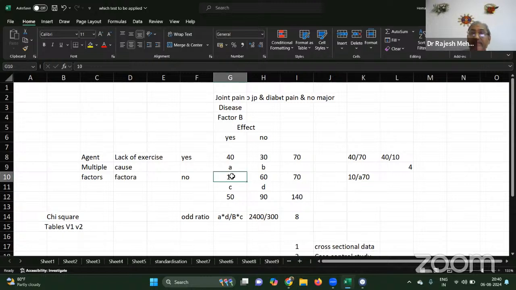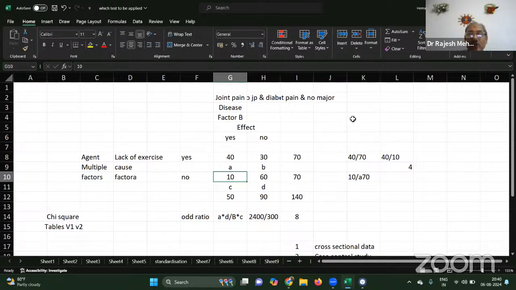So these 10 are suffering from joint pain even though they were doing regular exercise. Even when the factor was not present, they were suffering. So what is the excess? How much can you reduce? If you convert into percentage, the answer will be much better.